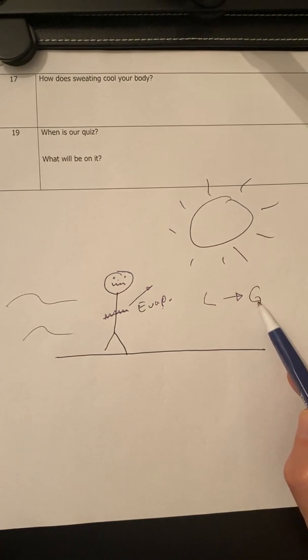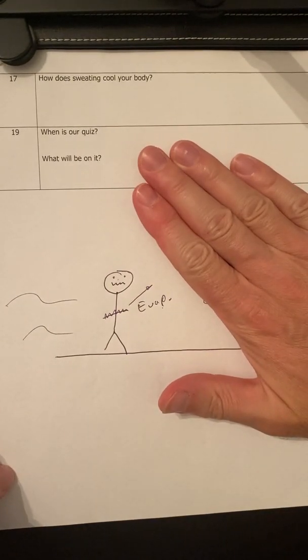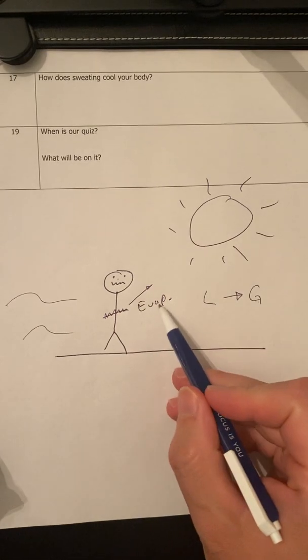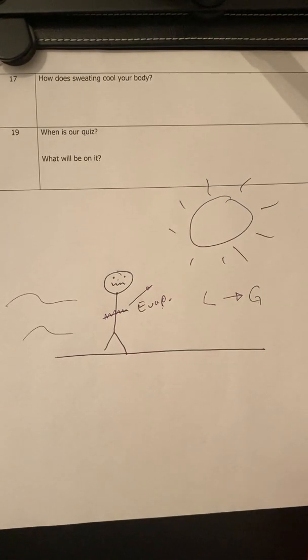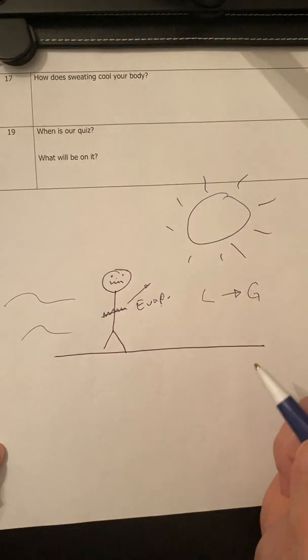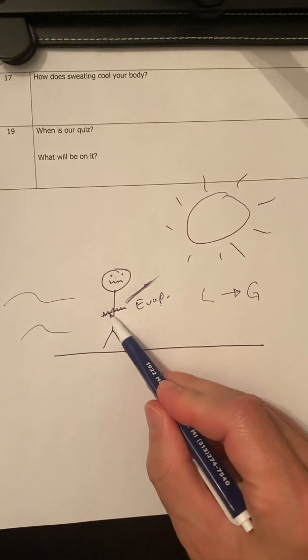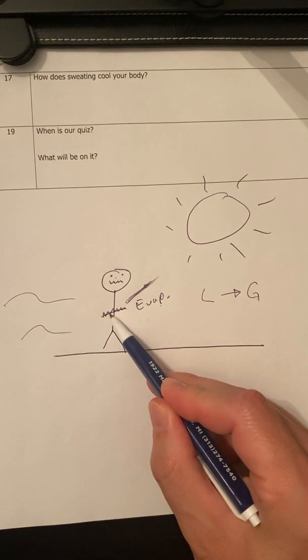Guess where it gets that energy from? Someone's going to say the sun, and I will throw a chair at you. It's not the sun. The energy that actually supplies this, or the heat that's supplied for this to occur, is your body. So as you put liquid water on your skin and this evaporation can take place, it's pulling heat off of your body, and that's going to cool you.